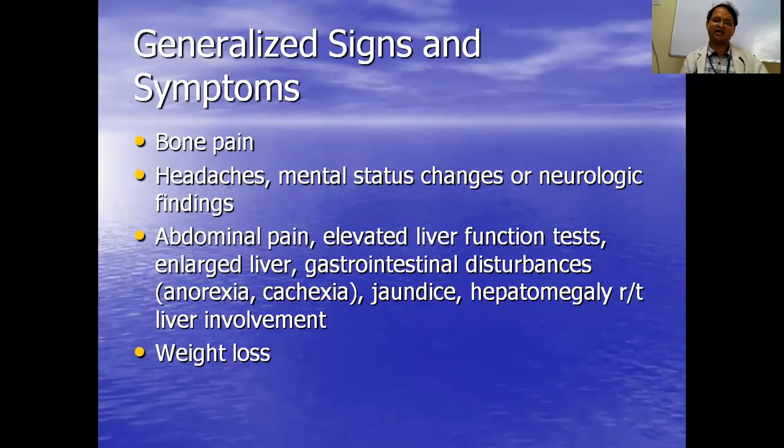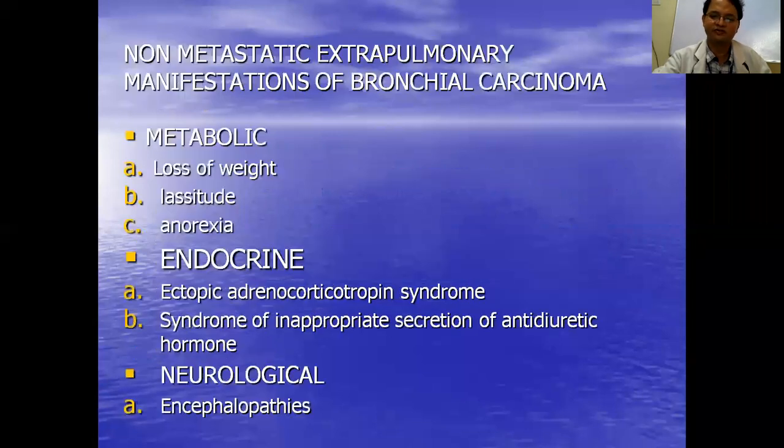Whenever there is enlarged liver or hepatomegaly, we have to rule out any involvement, any secondaries in the liver. Gastrointestinal disturbances like anorexia and cachexia have to be ruled out, and jaundice has to be evaluated. Weight loss might be present.